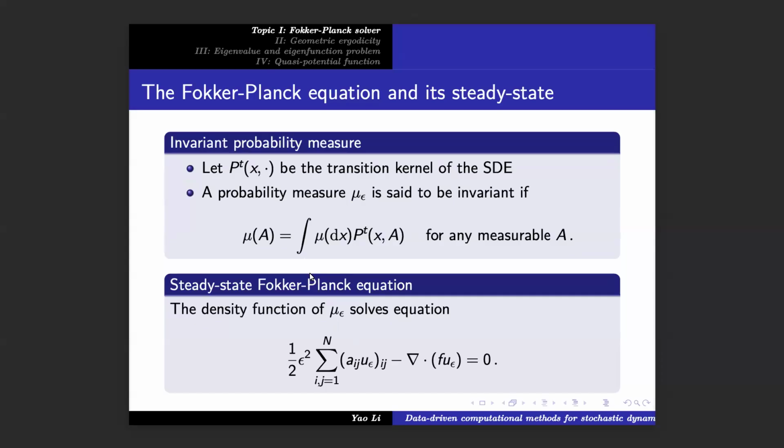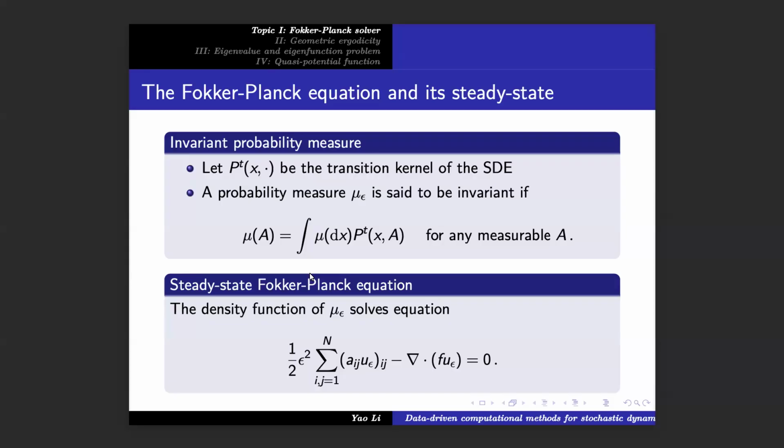And assuming that your deterministic dynamics is well behaved, then in many situations you should expect the existence of some invariant probability measure, as long as you don't have the problem of finite time blow up. Usually you should have this, and then you should have a steady state Fokker-Planck.